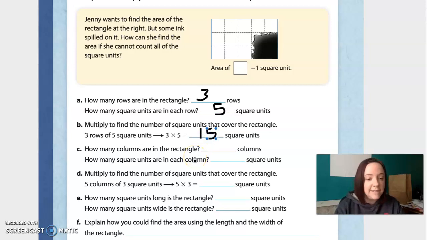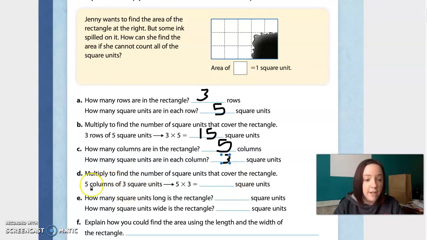How many columns are in this rectangle? 1, 2, 3, 4, 5. How many square units are in each column? 1, 2, 3. Remember, this little square equals 1 square unit. Multiply to find the number of square units that cover the rectangle.